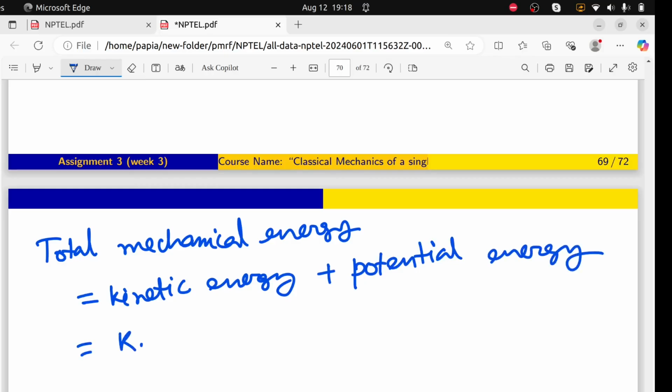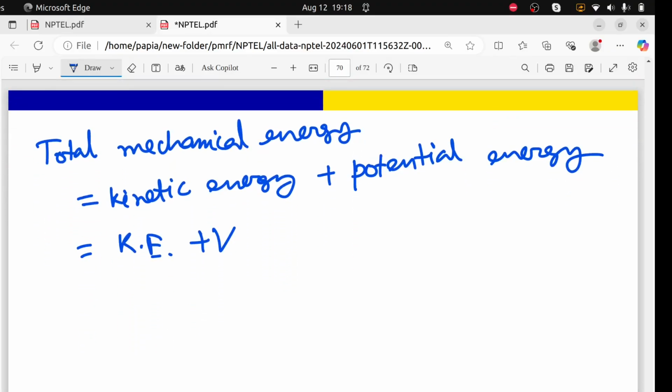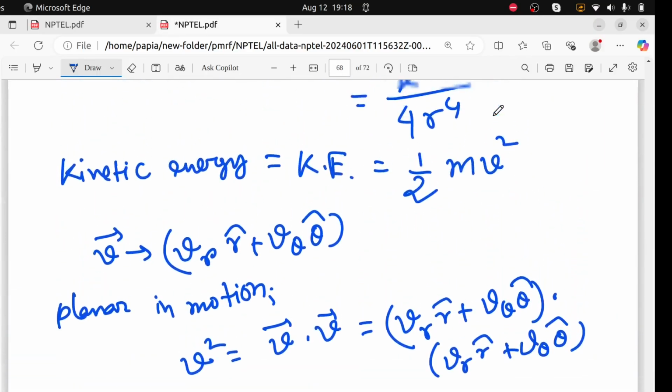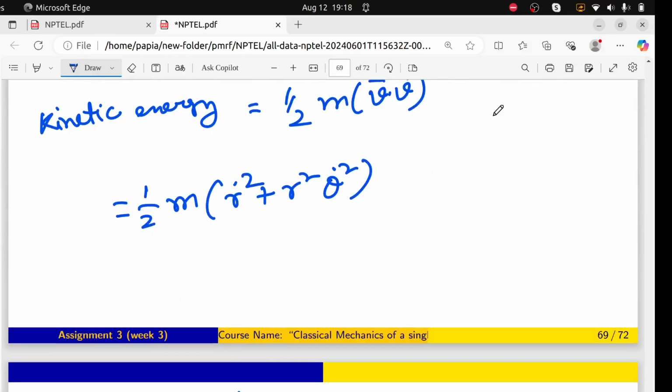So kinetic energy is given as half m r dot square plus r square theta dot square, plus V. What is V we are getting? V we are getting as k by 4 r to the power 4.